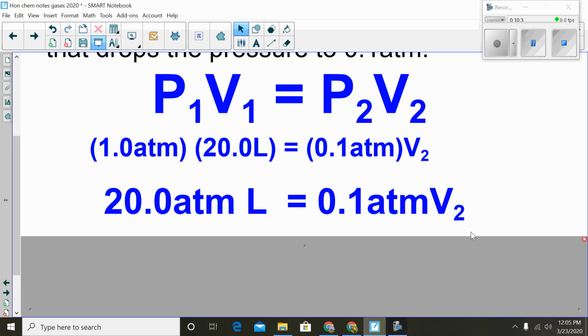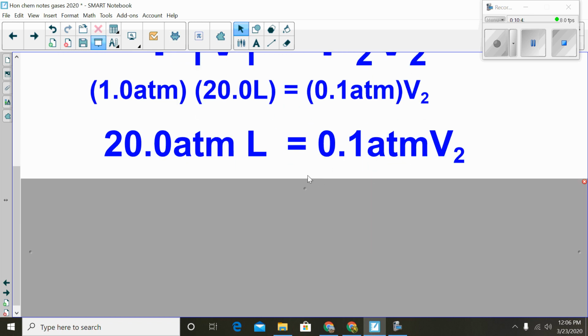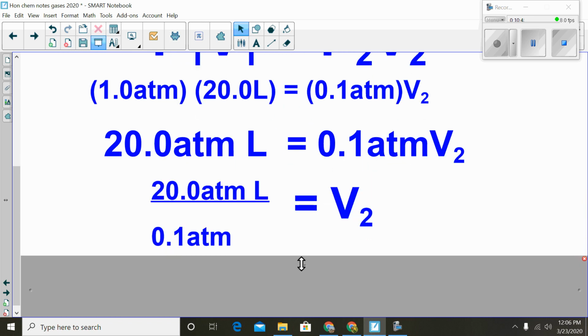Now the goal is you are trying to get V2 by itself. So if these two are next to each other, that means they're multiplied, right? So to get rid of 0.1 ATM, to have V2 by itself, you will need to divide. So now V2 is alone, and we've got all that we need on the left-hand side.